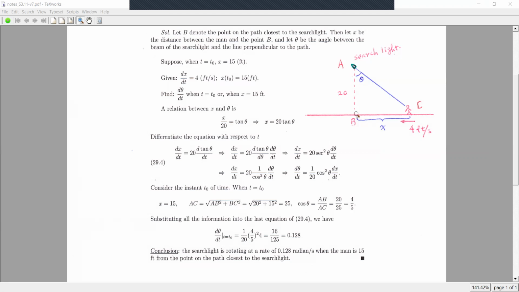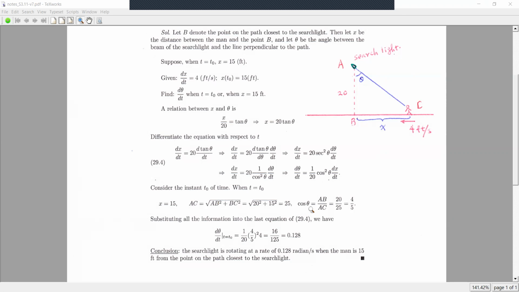AB, this edge, is 20. So here 20 squared. BC is x. X depends on the time t. But when t is t0, x is 15. So 15 squared. Therefore, when the time is t0, AC is 25.